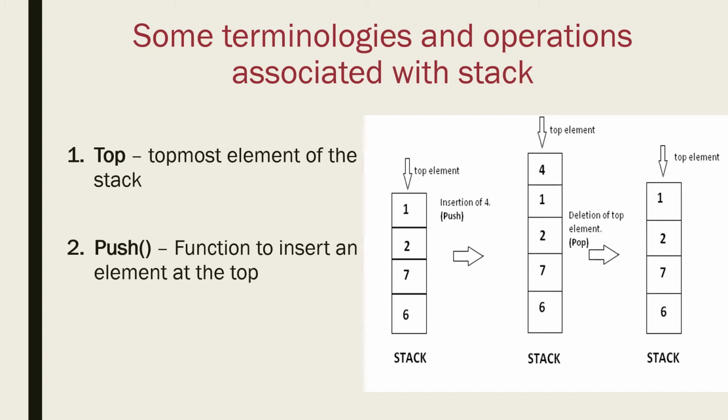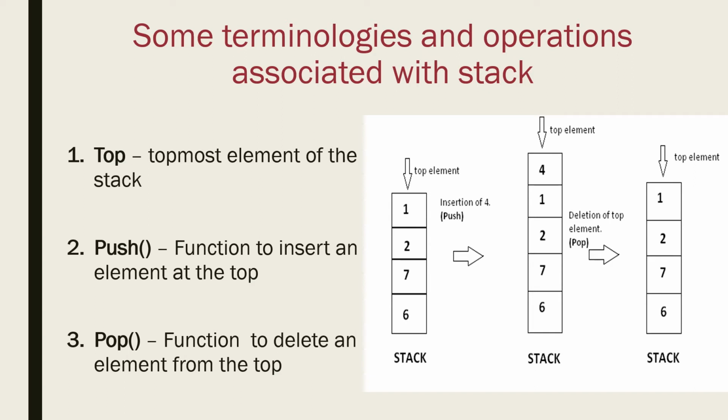Although it is a user-defined name, as a common matter of practice, we keep the name of the function to insert a new element into a stack as push. After that comes another function, pop, in which we write the code for deleting an element from the top of the stack.